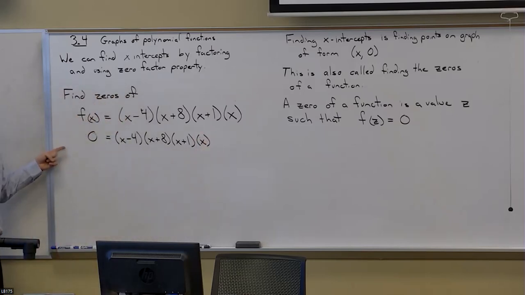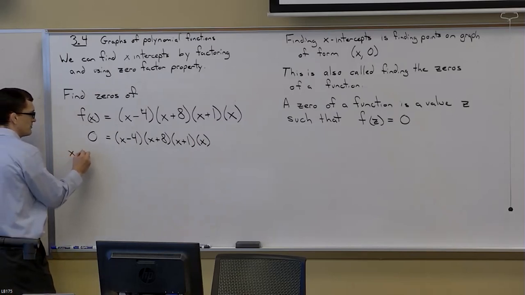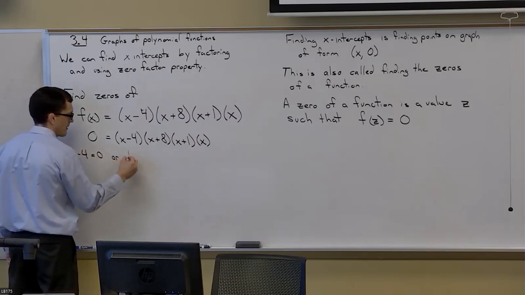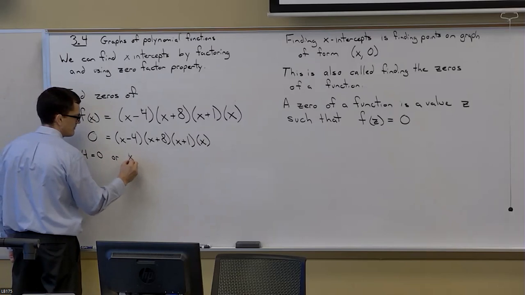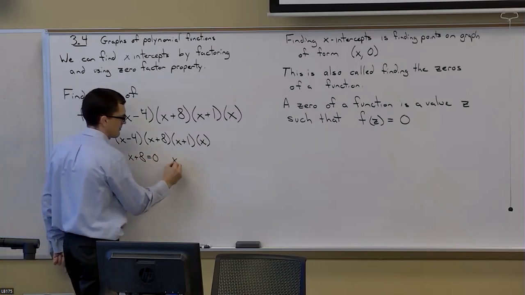And just like when we were dealing with quadratics, and we were factoring and solving quadratic functions, if I have 0 equals a bunch of factors multiplied times each other, then any of those factors could have been set to 0.